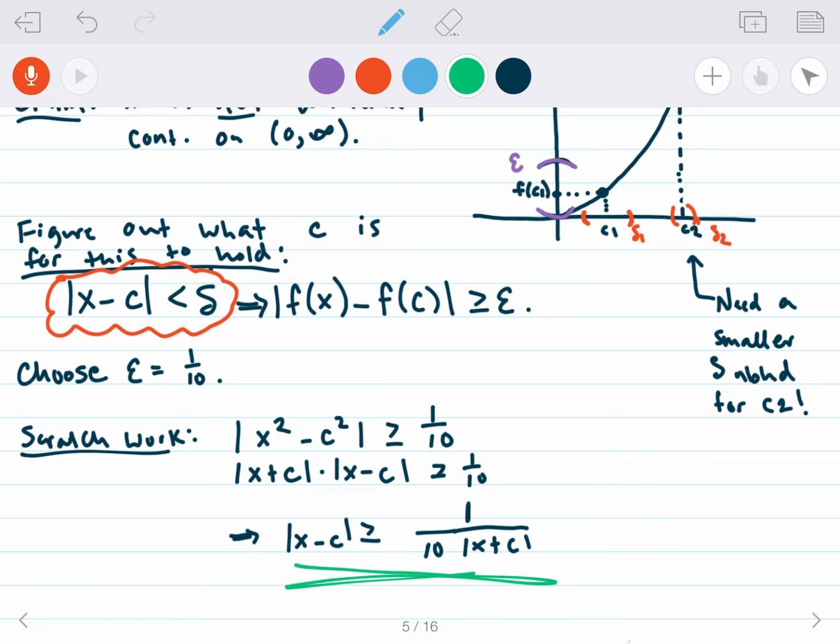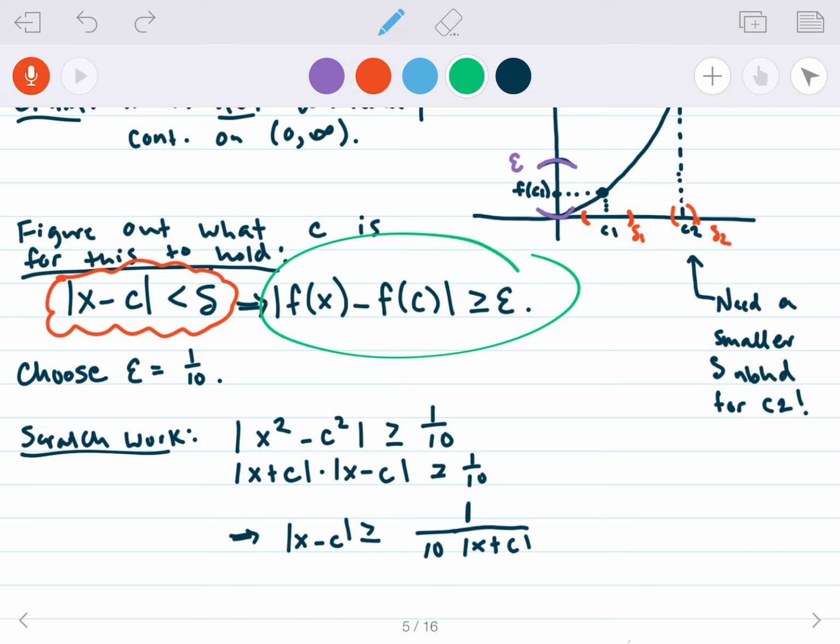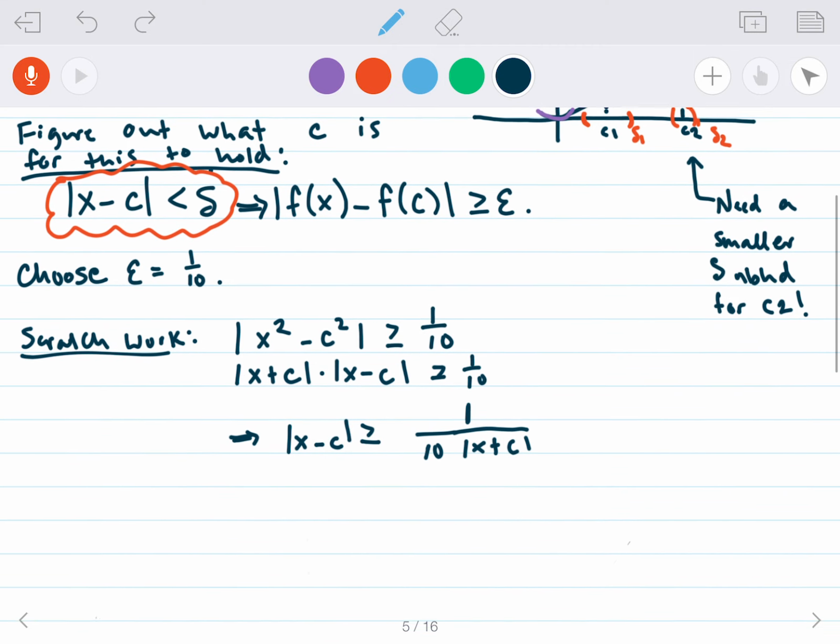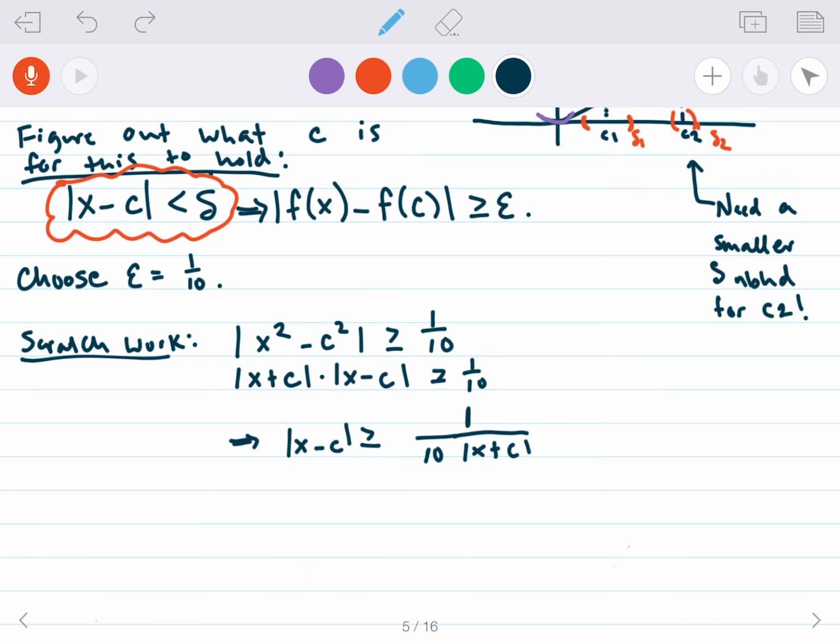So we have this much, right? This is just our scratch work. We're trying to figure out what c needs to be for this inequality to hold true, and therefore for uniform continuity to fail. So let's go ahead and think about where x plus c is with a prescribed delta.